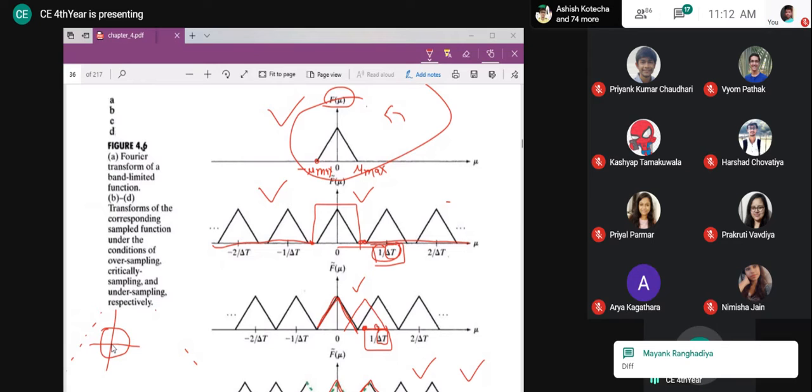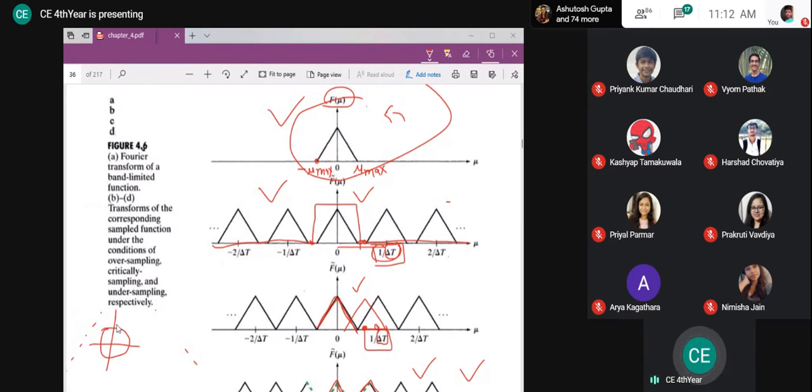If you remember the vector representation of any sinusoidal, we represented it with a circle with radius 1. If it is having angle omega t, it is sine omega t, and it can be represented like this, where this is omega t.